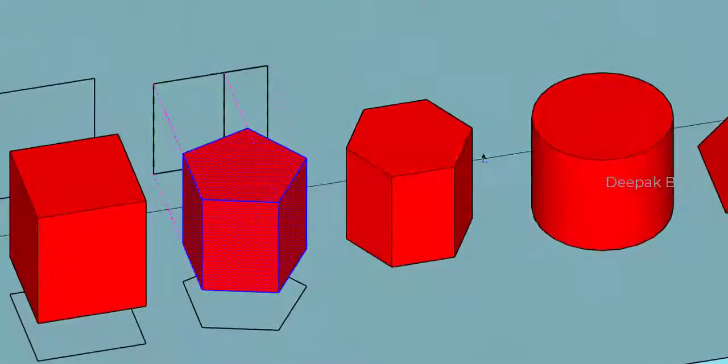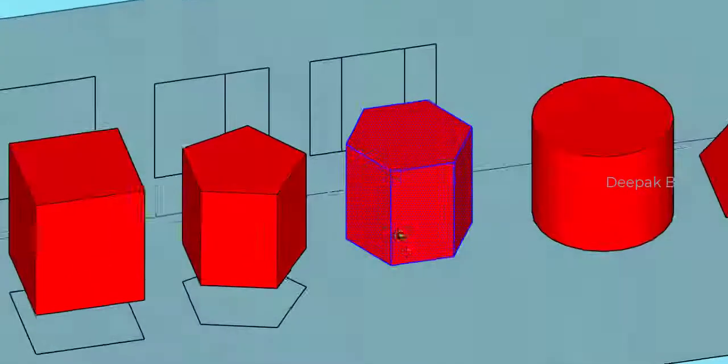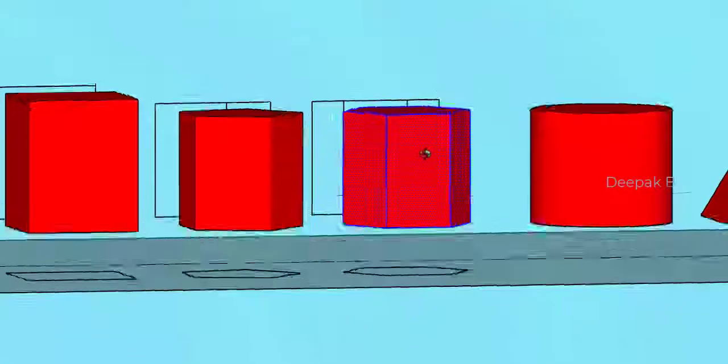And moving on to the hexagonal prism, I'm going to get the projections on the side. These two edges are also visible, and they have to be incorporated in the front view of the solid. Regarding the top view, because it is a hexagonal prism, you get a hexagon.